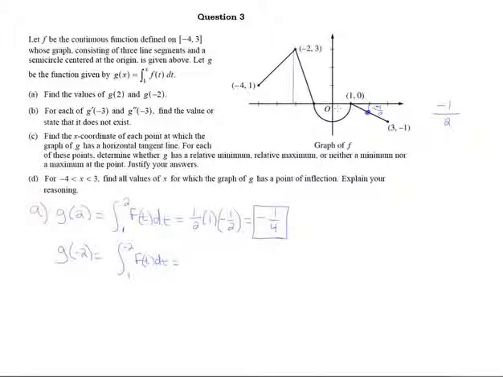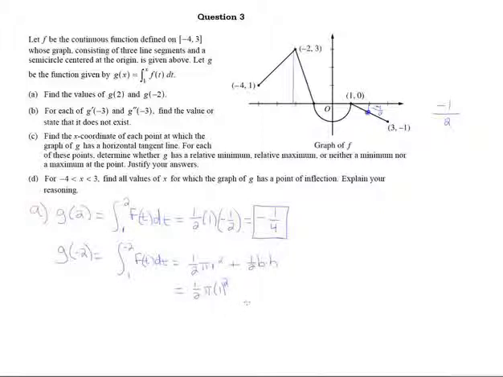So the radius of my circle, so 1/2 pi r squared plus then area of a triangle, 1/2 base times height. So I get 1/2 pi, radius is 1 squared.